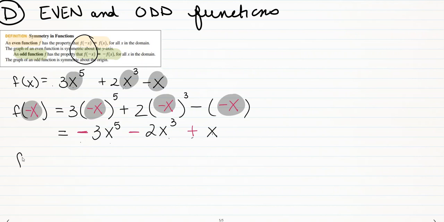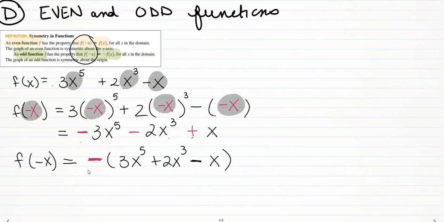So we can see that f of the opposite of x is the opposite of f of x. What I'm doing now might look like I'm just simply factoring out the negative, and that is what I've done.